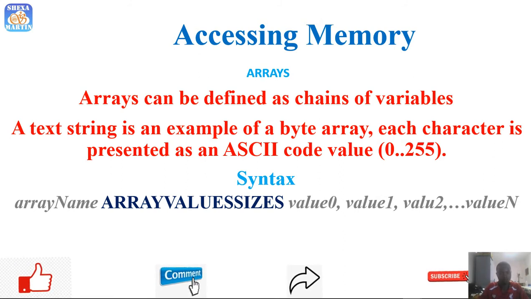The index for the first value is 0, different from the second value, which is 1, and different from the third value, which is 2, and so forth up to value n. So what we do is we say array name, define byte. That's how we do it, like what we did in the previous lecture where we talked about how one can define a variable.